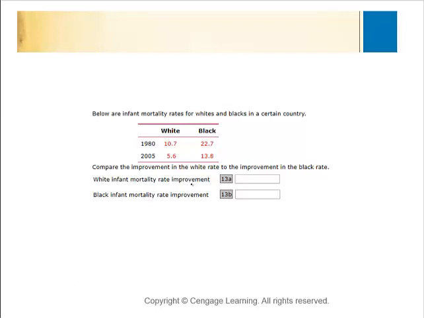They want us to compare the white infant mortality rate. So you'll be looking at this column here, and we're wanting to compare the improvement rate. So it was 5.6 as compared to 10.7. And then since I want it as a rate, just as in the banking problem previously, I'm going to want that as a percentage, so I'll multiply times 100.